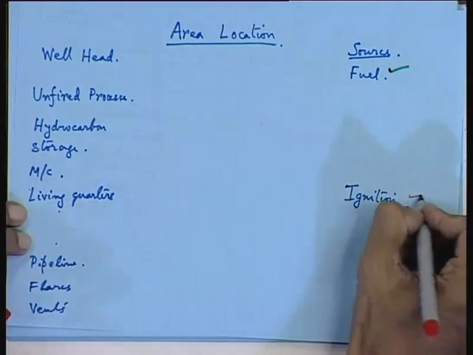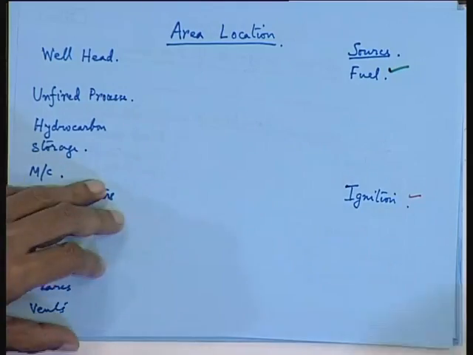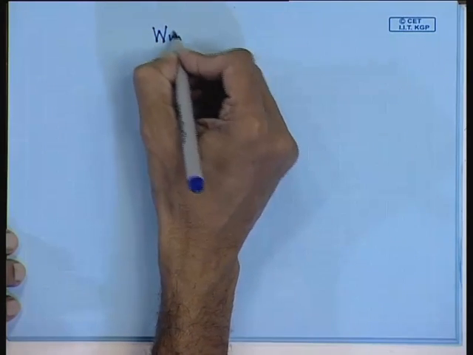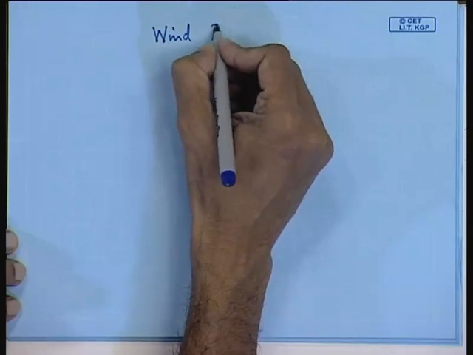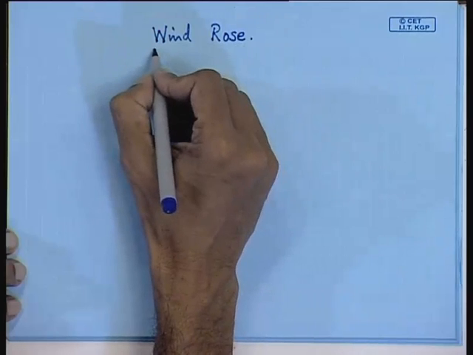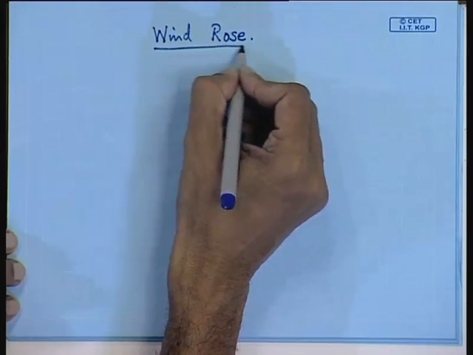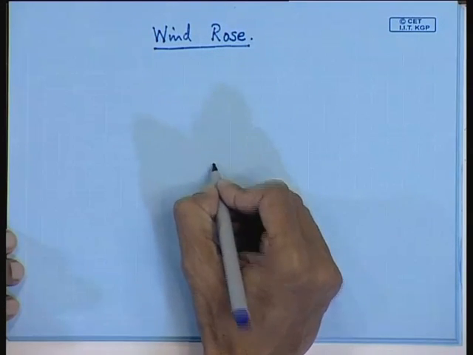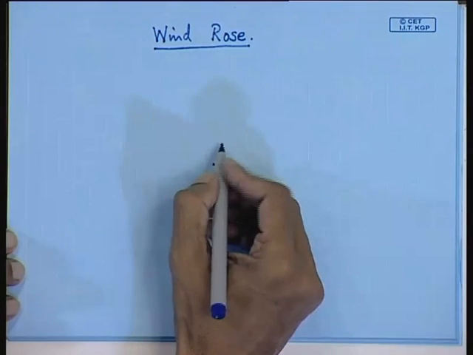Now, after this what you do is you find out what is called a wind diagram, or sometimes a wind rose. This is another interesting study. For that specific environment you construct a wind rose. Wind rose is a number of circles.